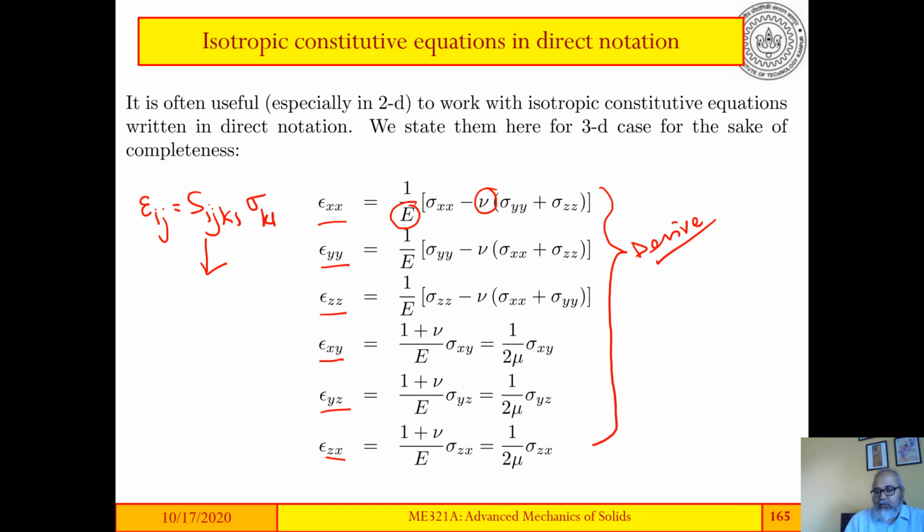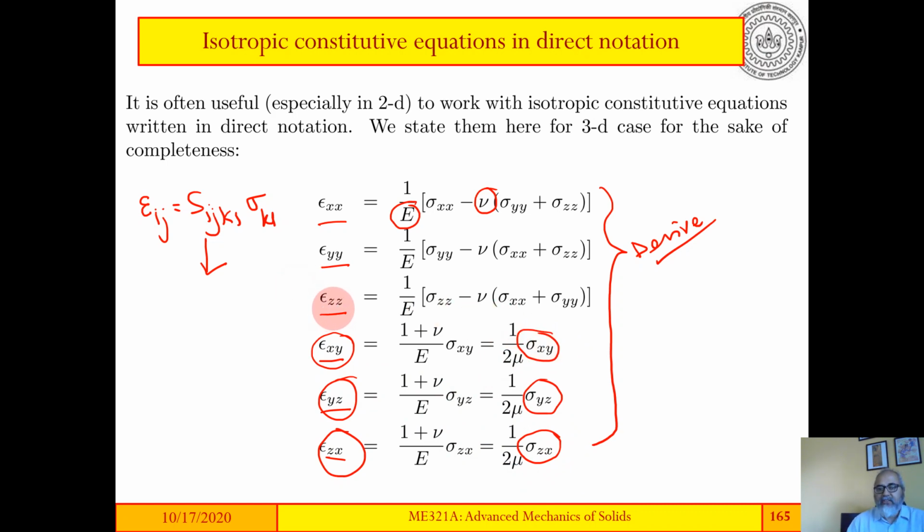The first thing that you note is that the shear strains, this, and this, do not depend on the normal stresses. They just depend on the corresponding shear stress. This is an outcome of isotropy. So shear strains depend only on the shear stresses.